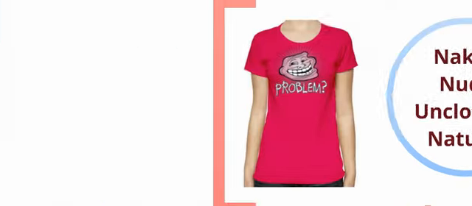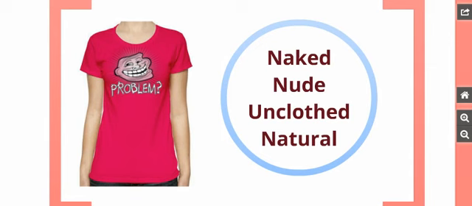Look at these four words and decide out of these four words which is the most positive and which is the most negative. Go ahead and pause it and try it out. So between these four words, naked, nude, unclothed, natural, probably the one with the least offensive connotation is the word natural, right?